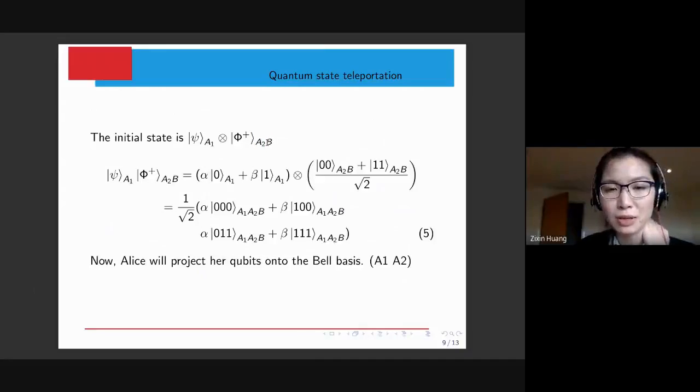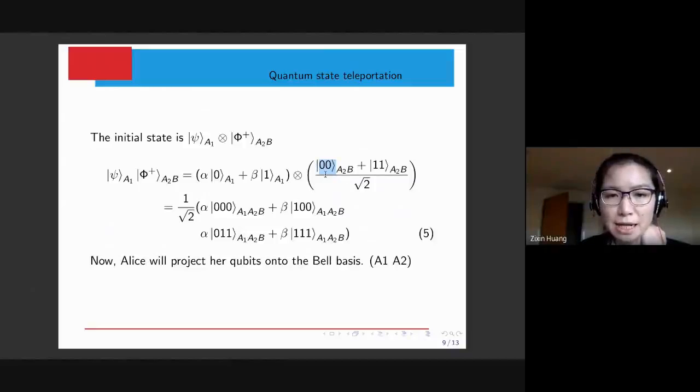And then the third qubit is in possession of Bob. So this one, remember, is shared between Alice and Bob. So the total state can be written like this: alpha 0 plus beta 1 belonging to Alice, tensored with 00 plus 11 belonging to A2 and Bob.